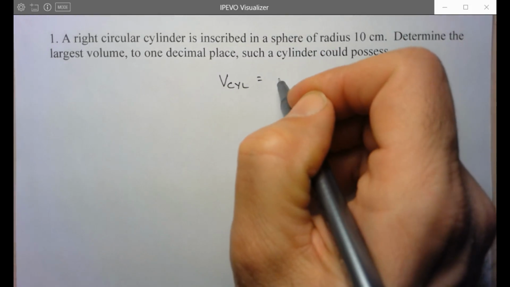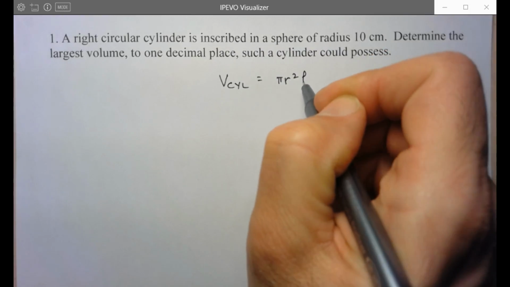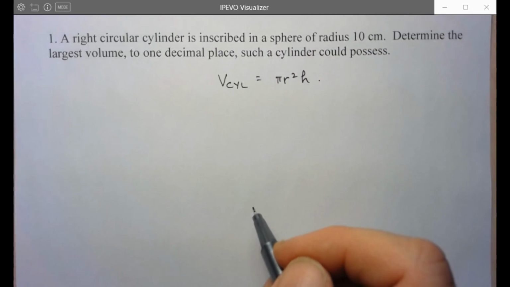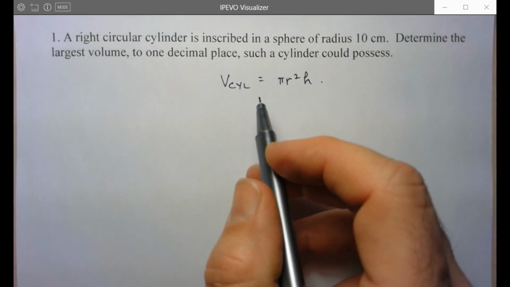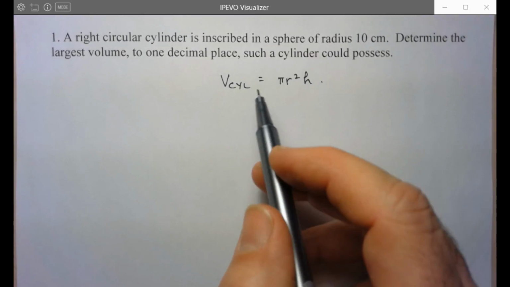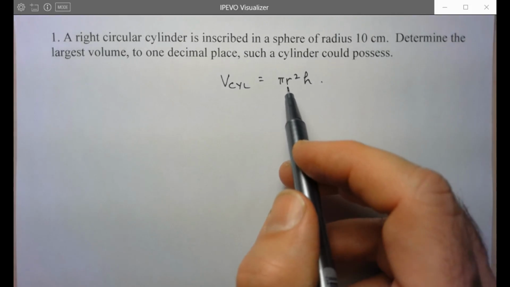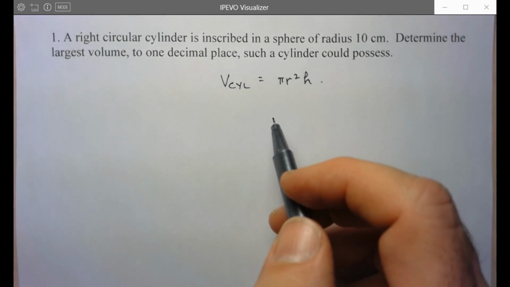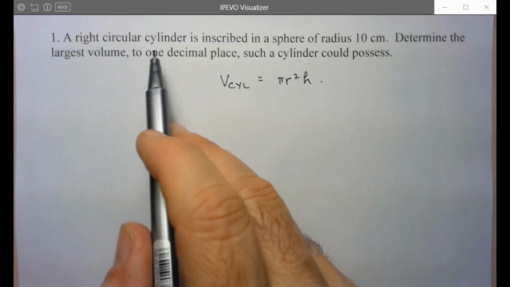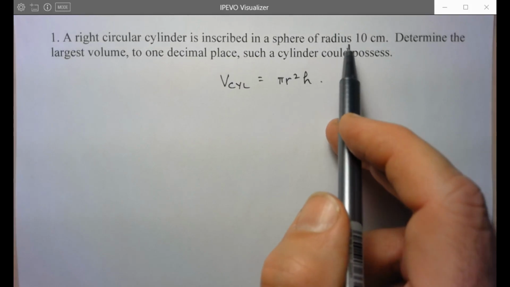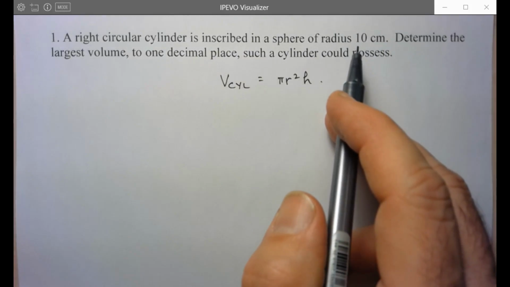So the base is a circle, pi r squared, times the height. And right off the bat, we come across a very familiar issue, which is that we have a function given in terms of two unknowns. So we're going to have to get this to one unknown. And the constraint that they give us is that this cylinder is living inside a sphere of radius 10.